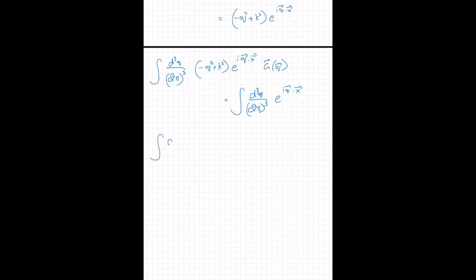okay. So if this has to be true, the integrand on both sides have to be equal. That is the only way, because I can write this integration as d cube q over 2 pi cube. I can also take the e to the i q dot x common outside, and I will have minus q square plus k square.